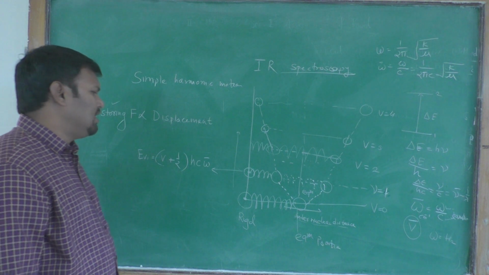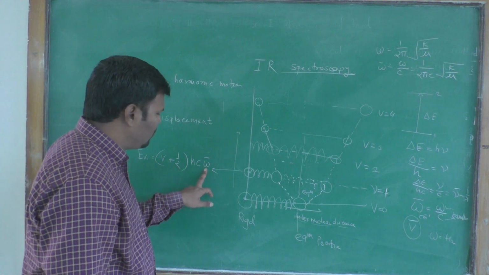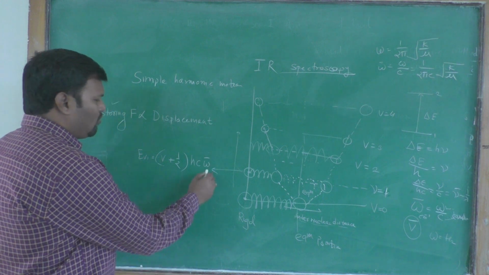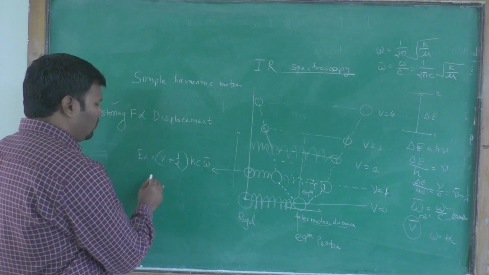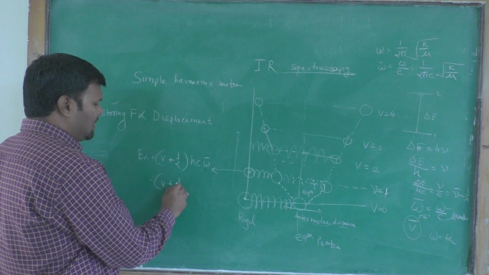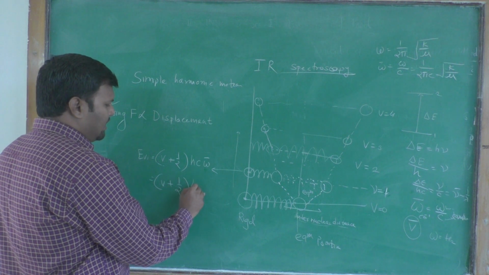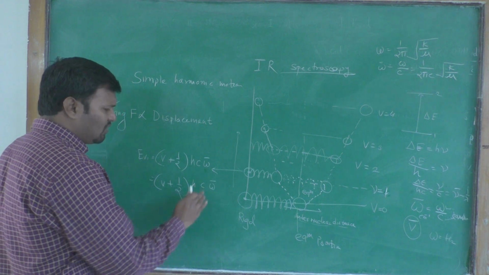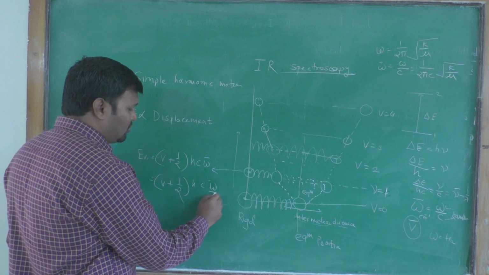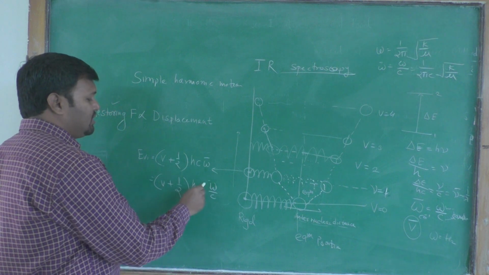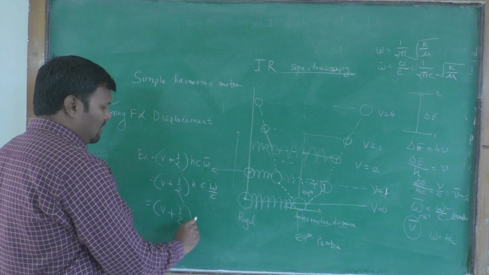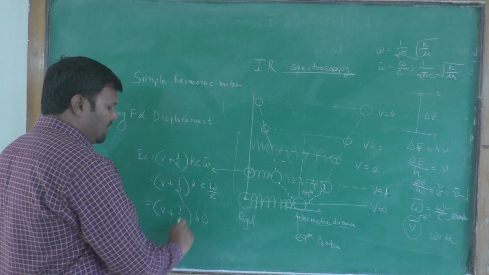If you try to convert this equation in the form of only omega, we know that omega bar is omega upon c. If c is cancelled, you have the equation V plus 1 half h nu.